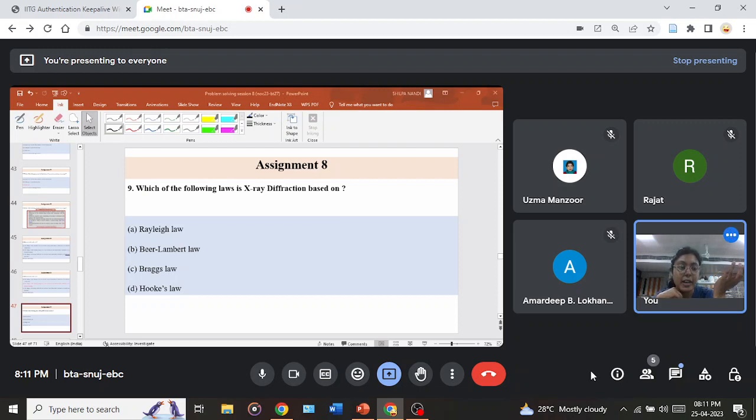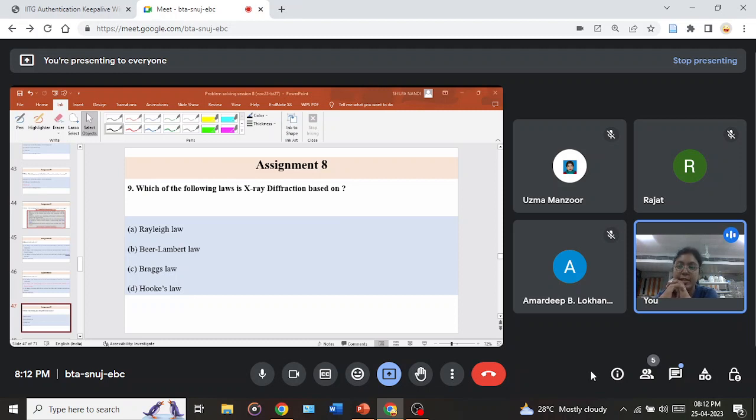The Rayleigh criterion, that is x is equal to 0.61 lambda by numerical aperture. So this Rayleigh law is not the basis for X-ray diffraction. X-ray diffraction is a spectroscopic technique and not a microscopic technique.